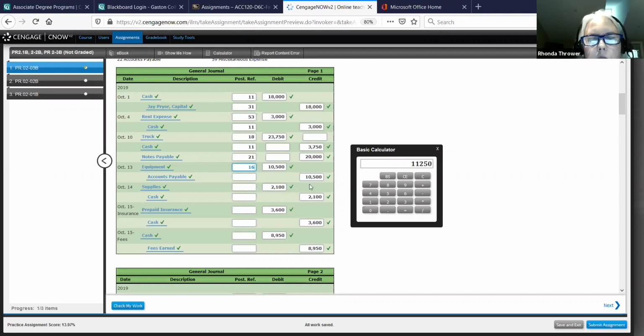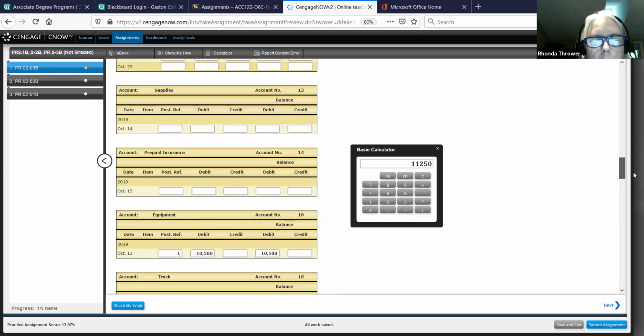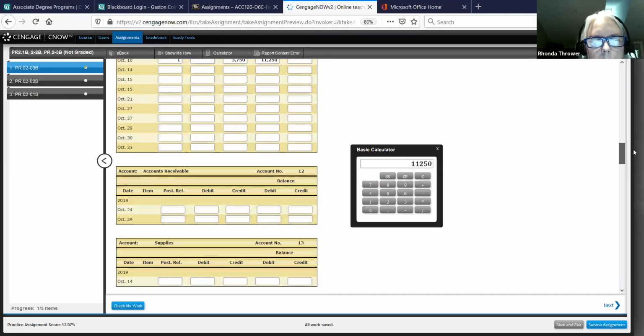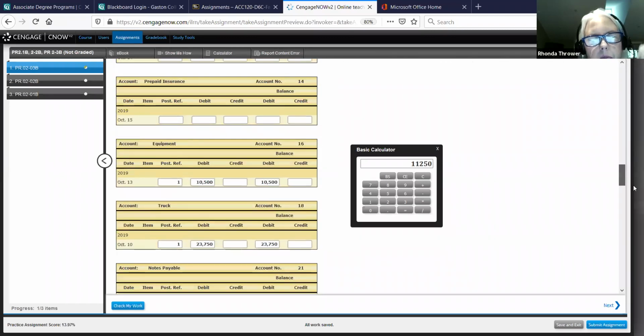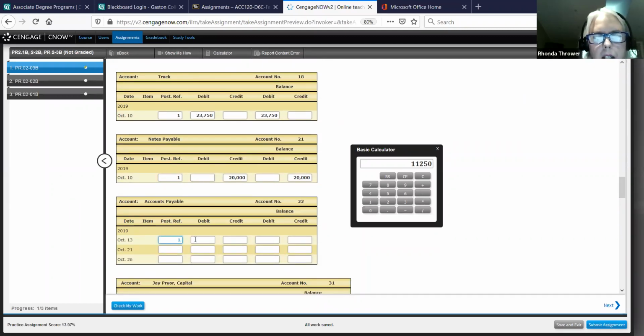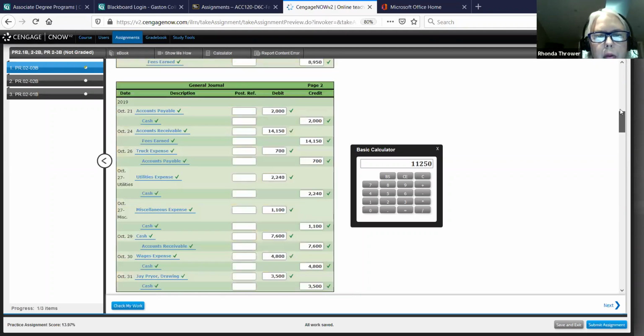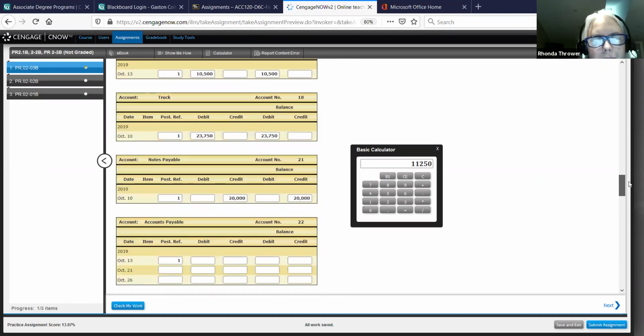Accounts payable is credited for $10,500. So I'm going to go to my accounts payable. Post reference is 1. On the credit side, I'm going to put in the amount of my accounts payable, which was $10,500.